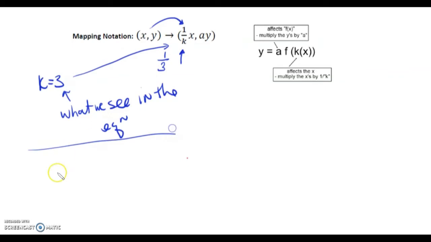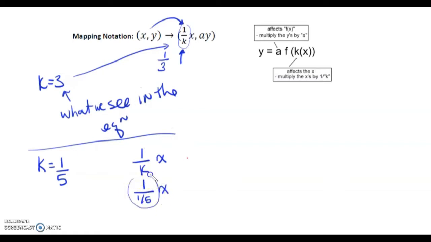For the opposite example, if we had 1 over 5 as our k value, we would still say this is a horizontal stretch by a factor of 5. And the way we get that is by multiplying every x by 1 over k. In this case, we're multiplying by 1 over 1 over 5, which is 5.